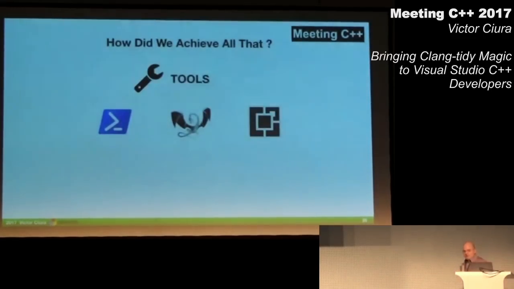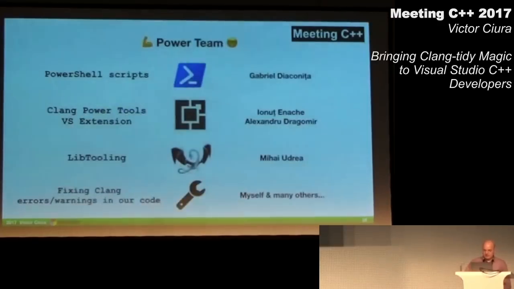How did we achieve all that? Well, using tools. First of all, our custom-developed PowerShell script, our custom-developed transformation tool based on libtooling, and of course, the Visual Studio extension that we developed. I'm up here, but I have to give a shout out to my buddies that helped a lot in this regard.